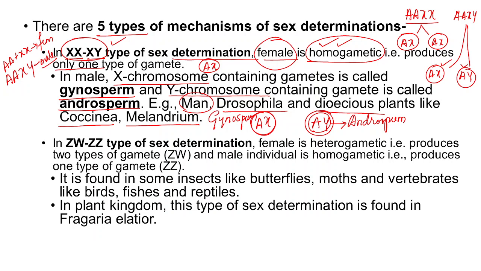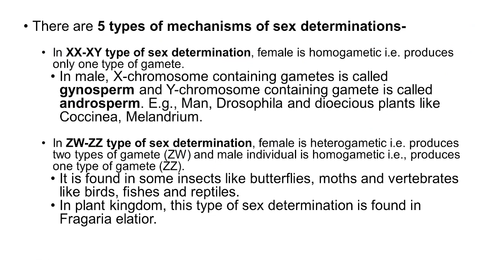Next comes another one, that is ZZ and ZW type of sex determination. It is another type of sex determination in which the female will be heterogametic again.